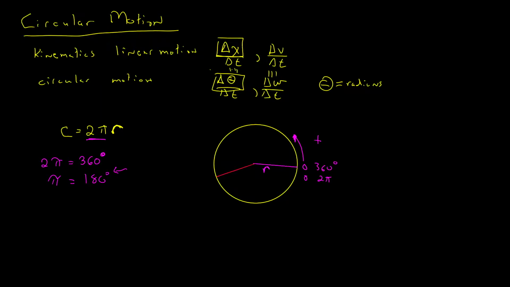If I go all the way around the circle, I get the full circumference. But if I go partially around the circle by some angle theta, that creates what we call the arc length, S. The formula we have for that is the arc length is equal to theta times the radius. And hey, look what happened here.